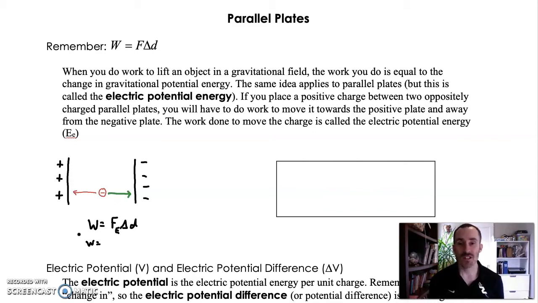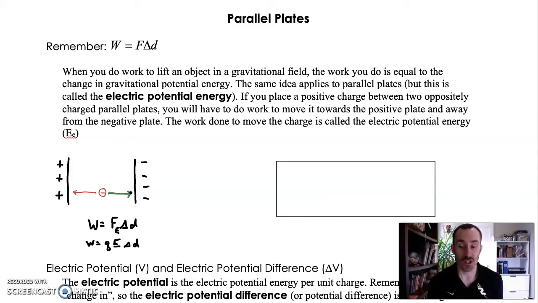Now, the situations that we're going to be dealing with here are all parallel plate situations, and so we can use that simplified version of the force formula because that field is a uniform field, okay? And so we can put in here Q times E, that's electric force, times displacement. So that's the work done to move it to this position.